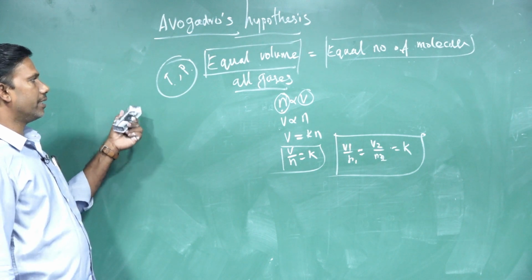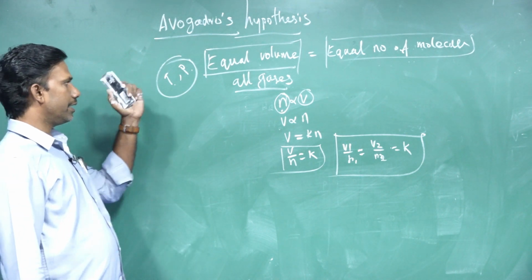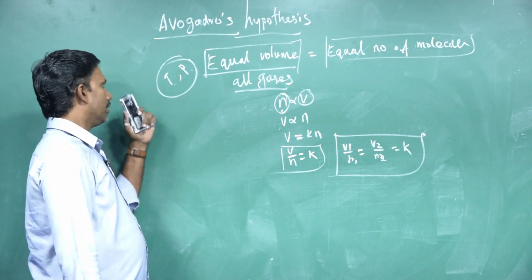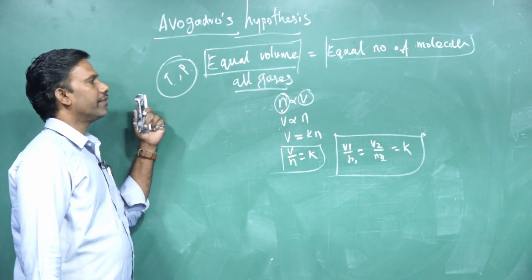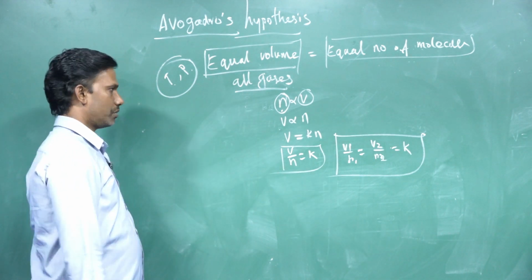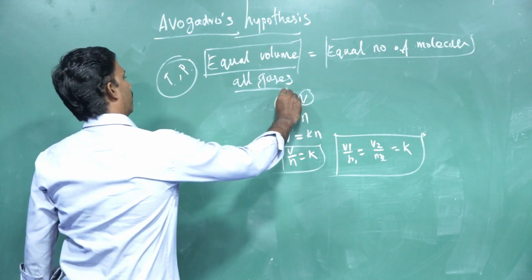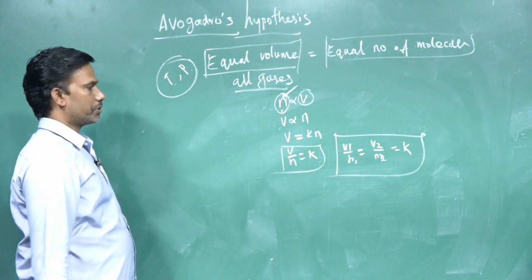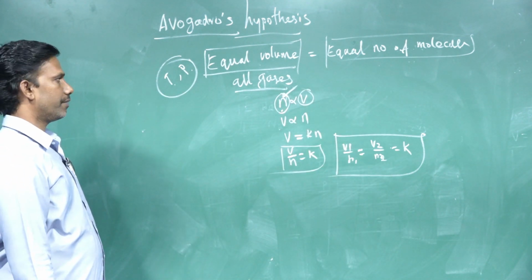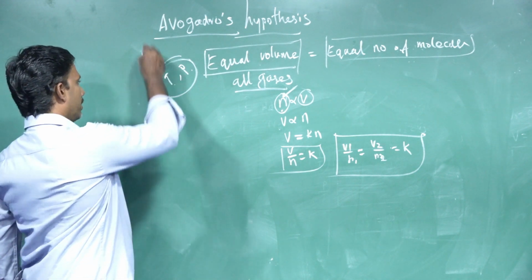Once again, the Avogadro hypothesis is that equal volume of all gases at a constant temperature and pressure will have an equal number of molecules. That means the number of moles is directly proportional to the volume. Okay, that's all about Avogadro.